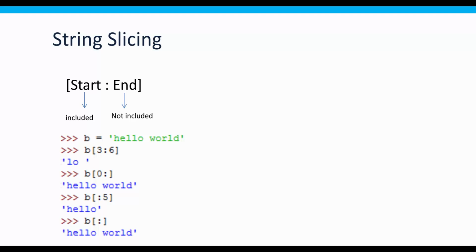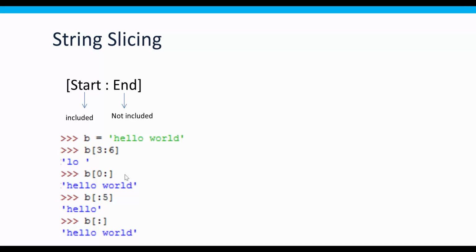So let's take an example where b is assigned a value hello world. Now the starting index is 3 and the ending index is 6. Accordingly, the characters based on the index 3, 4 and 5 will be selected. However, here 5 is a space, so that doesn't appear in the substring.